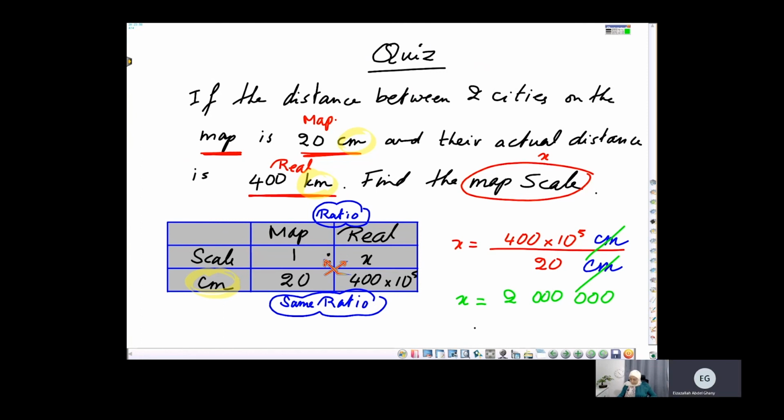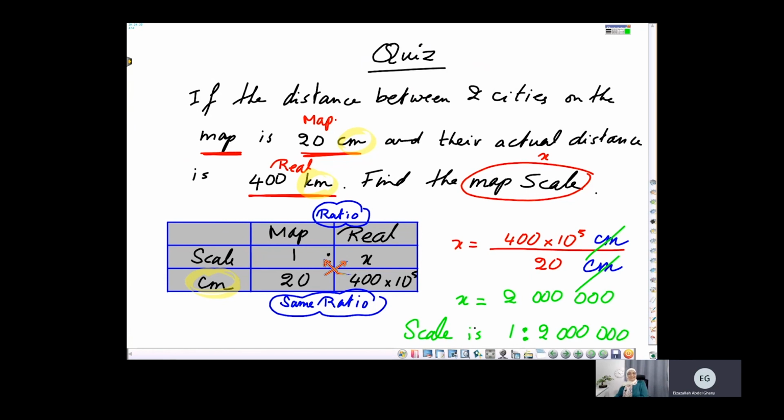How shall we write the ratio, or the scale? You will write it as: the scale is 1 is to 2 million.